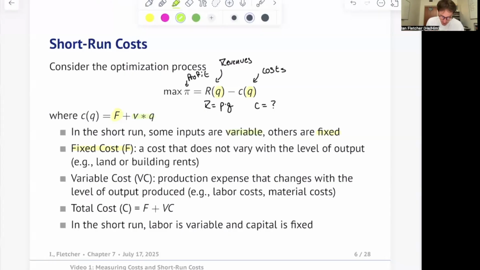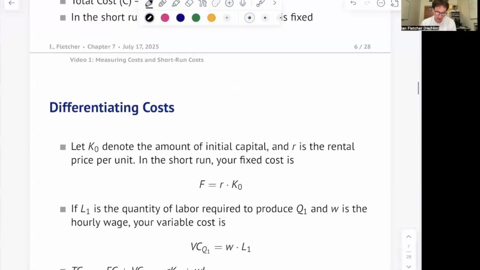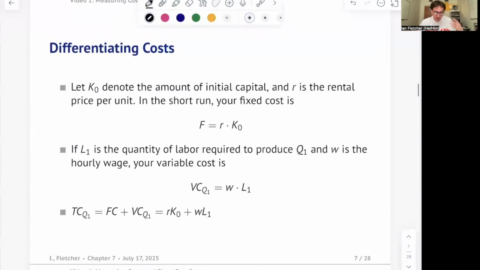And so these variable costs are going to be the things that do vary with quantity output. And so our total cost is going to be our fixed costs plus our variable costs. And so again, in our short run, much like we did last time, we're going to hold capital constant and we're going to let labor vary. So now let's think a little bit about differentiating costs, right?